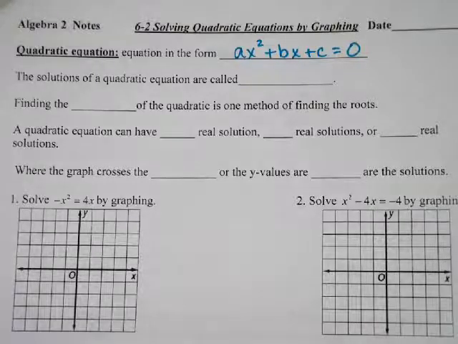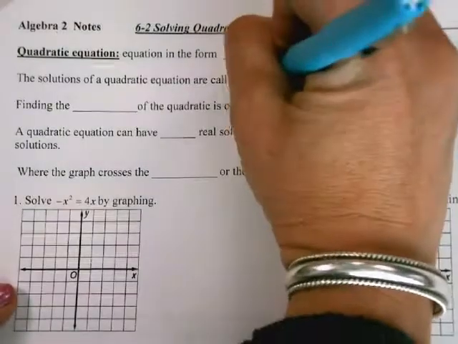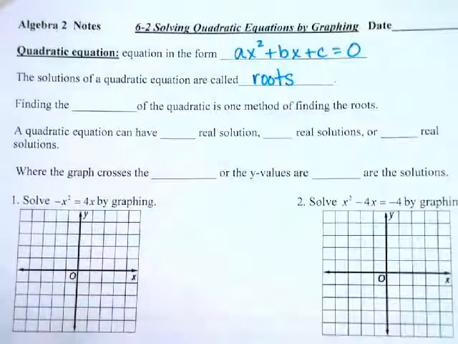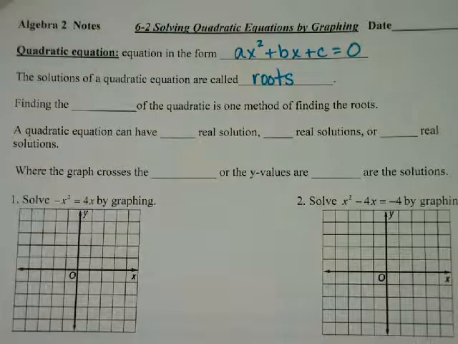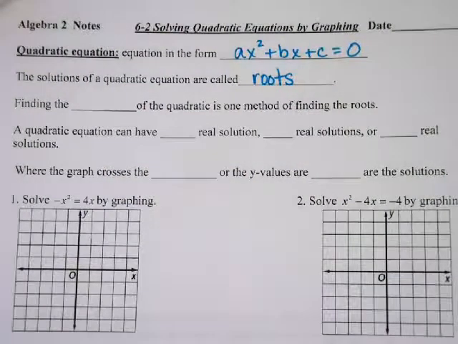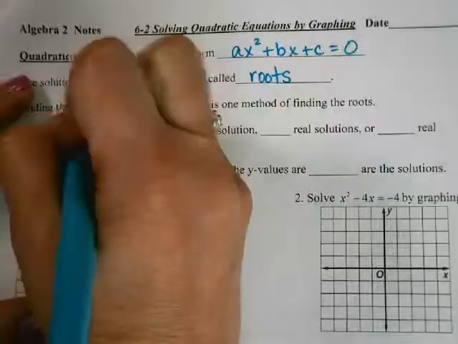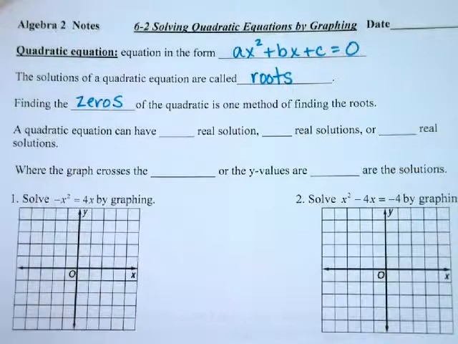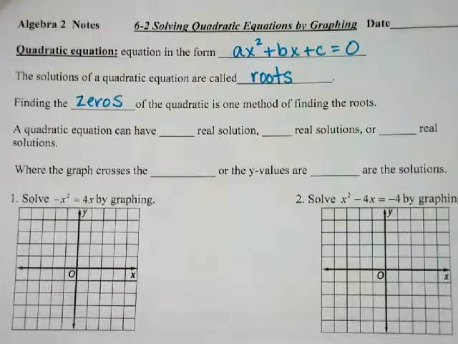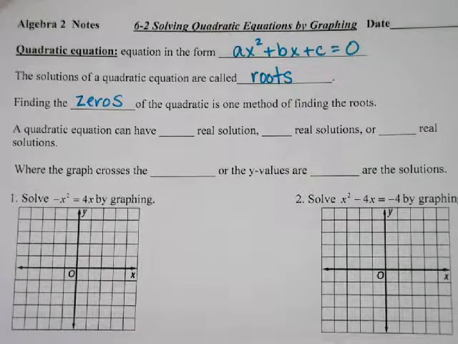The solutions of a quadratic equation are called roots. Finding the zeros of the quadratic is one method of finding the roots. All right, so solutions, roots, zeros, those things all mean the same thing.